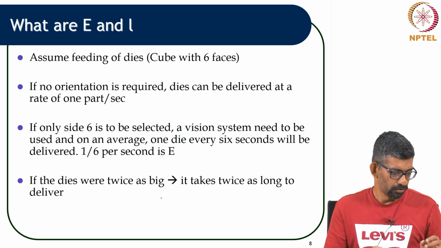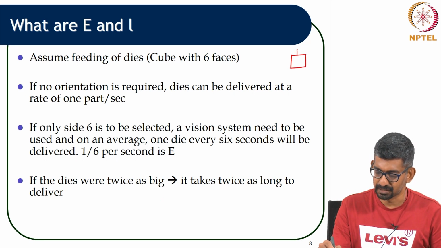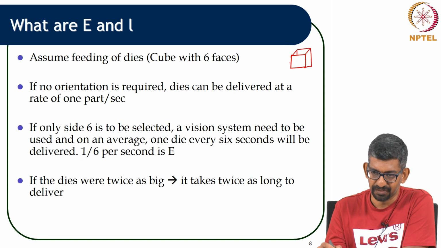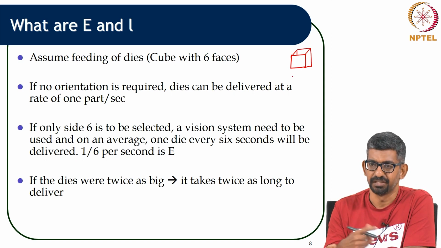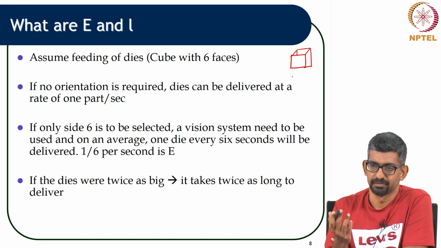Assume a die that we are talking about. It has 6 faces, and let us say I do not care which face you are supplying to the assembly. Then there is no orienting part to it.